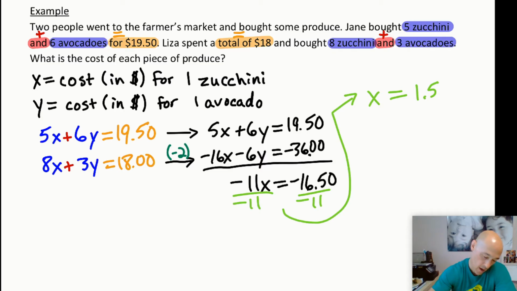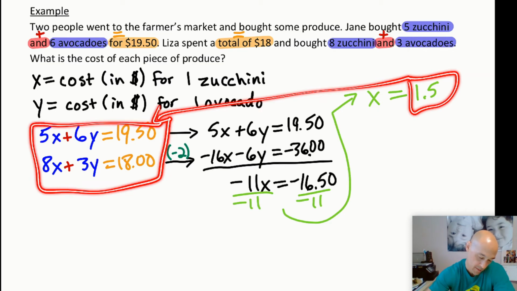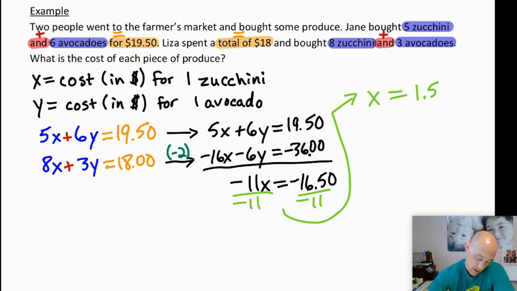All right, so now what I have to do is I have to plug my 1.5 in for x in either of the original two equations. It doesn't matter which one. So I'll just do the first one there.